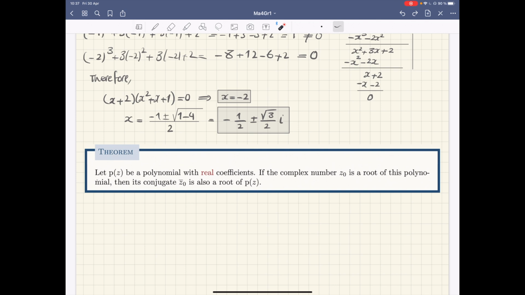If you remember, I had given you some examples of equations for which the coefficients were actually complex numbers. So this theorem doesn't deal with those kinds of polynomials. It only deals with polynomials with real coefficients. Now, if the complex number z node is a root of this polynomial, then its conjugate z node bar is also a root of P of z. Okay?